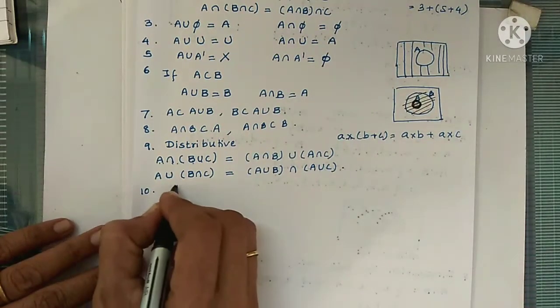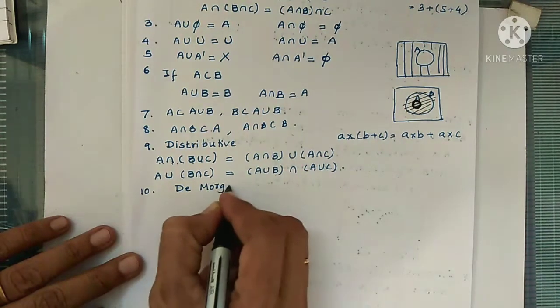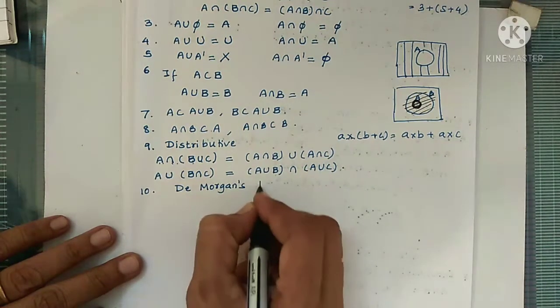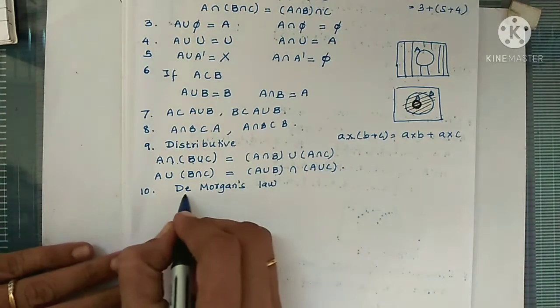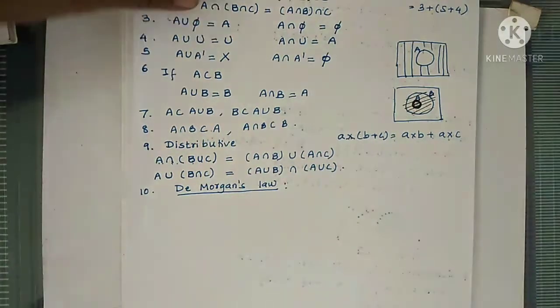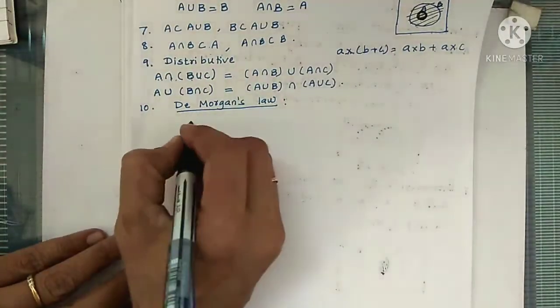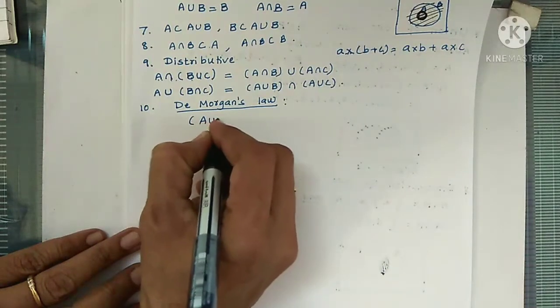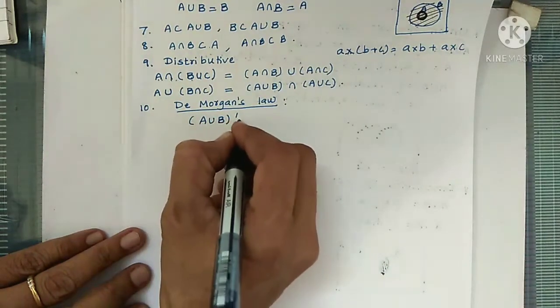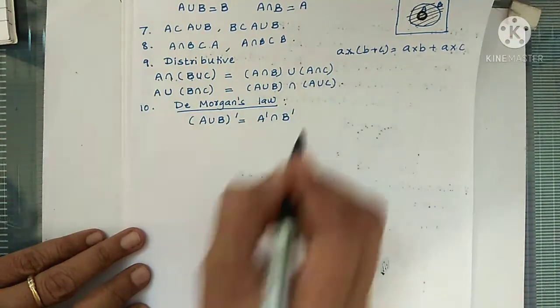And we have De Morgan's laws. De Morgan is a mathematician, so based on his name, these laws are known as De Morgan's laws. So De Morgan's laws are: (A union B) dash is A dash intersection B dash.